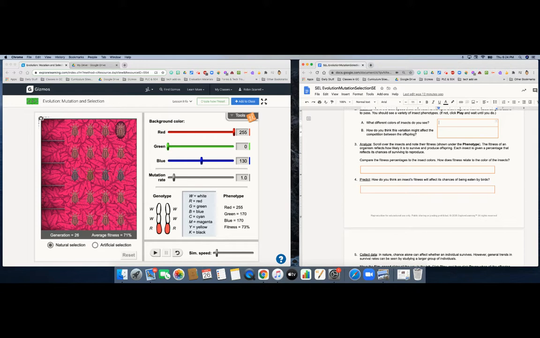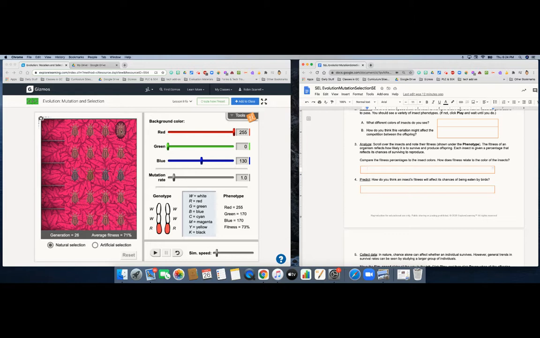So on yours, you're going to take a look at the different colors and see if they are making any difference, right? So compare the fitness percentages.